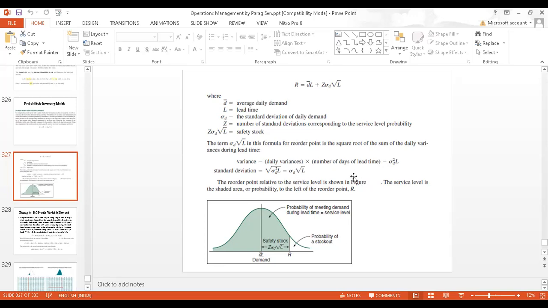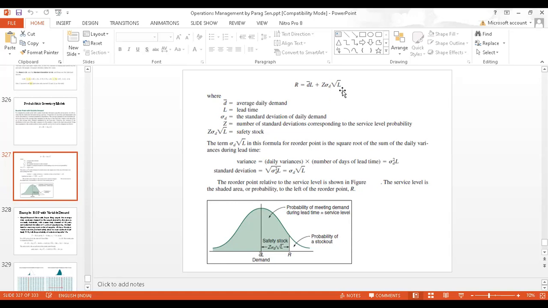So this will be your standard deviation. This standard deviation, sigma d into root L, you need to put here: Z into the standard deviation during the entire lead time.